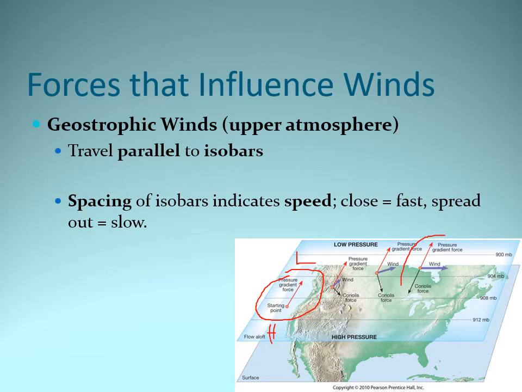Now, the moment the wind has the pressure gradient force pulling it to the left and Coriolis pulling it to the right, and these forces are equal in strength, then we have a wind that is actually parallel to isobars. We call that a geostrophic wind.